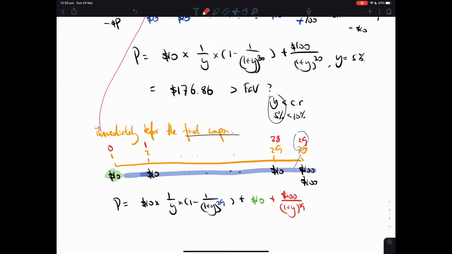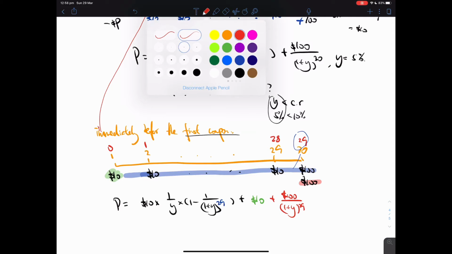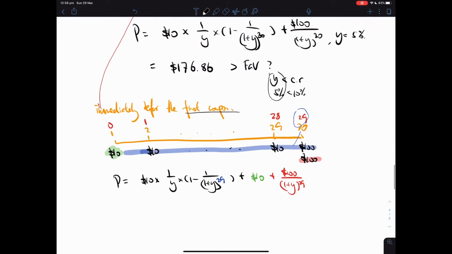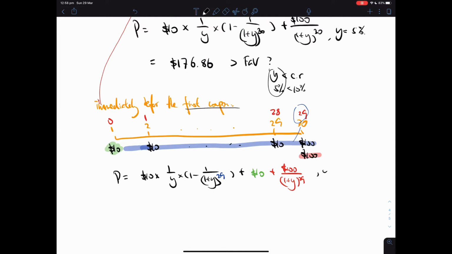There are 3 components in there. Where y equals 5%, you can just write it out and that is 185.71. And this is the price immediately before the first coupon.